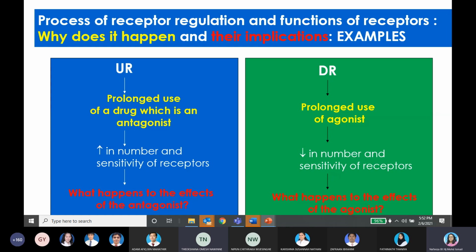When there's prolonged use of the drug, you have more receptors and you need more antagonists to act. Let's say you have only 500 molecules of antagonists, when there's only 500 receptors to act upon, you have 500 molecules and it acts well. But when you have 1,500 receptors from upregulation, but you still have only 500 molecules of antagonists, do you think the effects will be lower or higher?